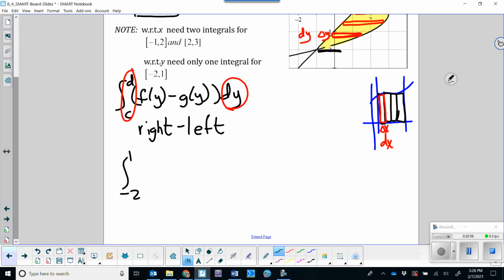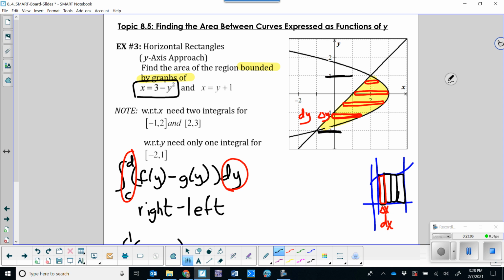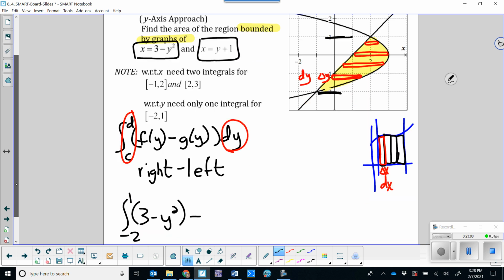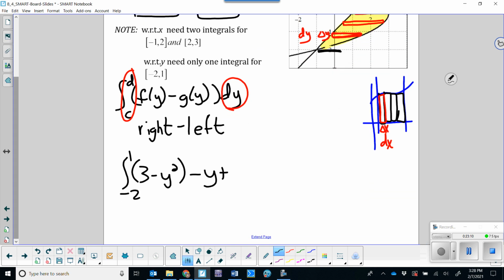So we will have right, 3 minus y squared, minus left, which is y plus 1. And that's in parentheses, of course, because you're subtracting the whole thing. And you can't just take the x's out and make them y's. If the functions hadn't been solved for y like that, we would have had to solve them for y in order to do that. So this is what we're going to integrate.